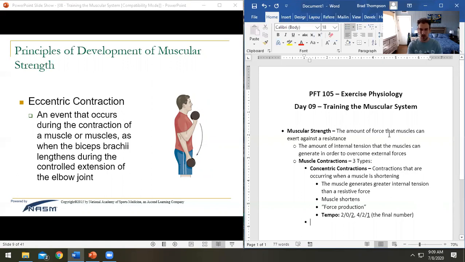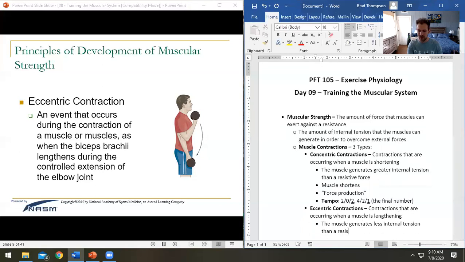So eccentric contractions are contractions that are occurring when a muscle is lengthening, right? So the muscle generates less internal tension than a resistive force, right?